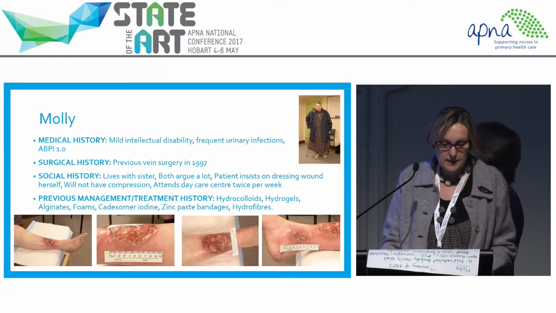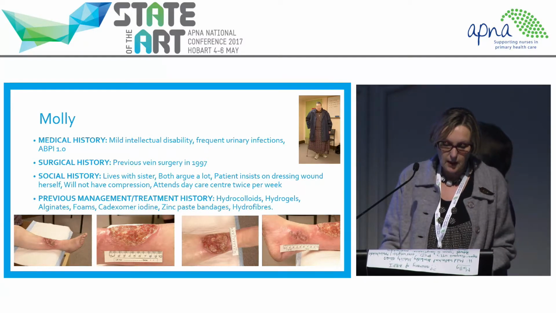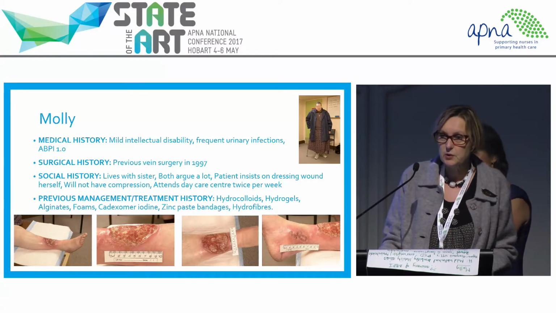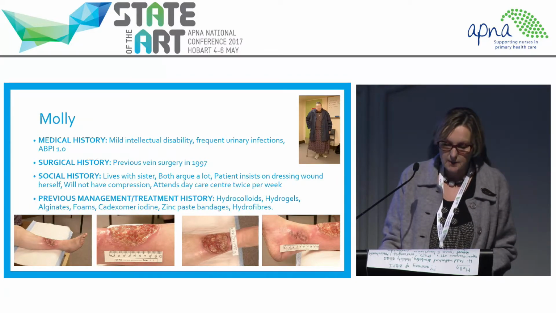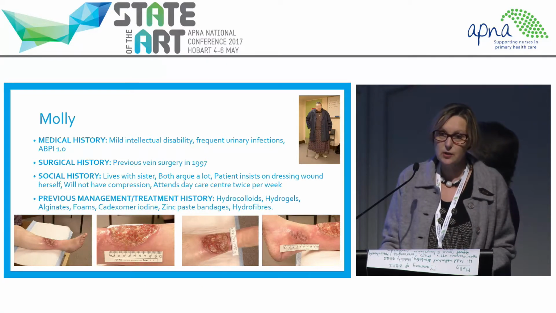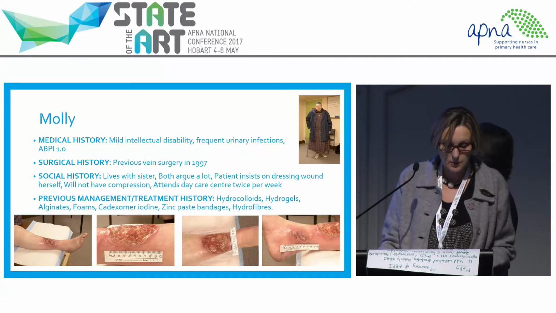In relation to what investigations we would do, we probably want to do her basic pathology, just some basic obs, a urinalysis, and just check her glucose, and also check to see whether she's got maybe a possible UTI going on at the moment.